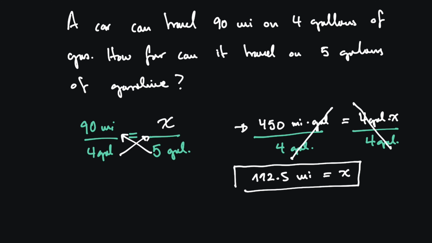If we do the proportions, applying the cross product property, we know that that value will be 112.5 miles. You don't have to write the units like this. You need to be really careful on what you are looking for. You're looking for miles, so at the end, you know that you are finding miles.